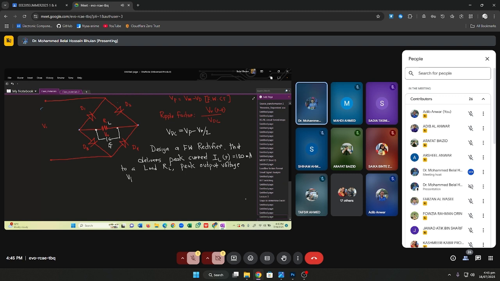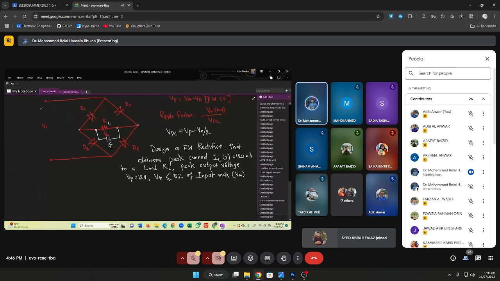The peak output voltage VP equals 12 volt. And the ripple voltage VR should be less than or equal to 5% of the input maximum, which is our Vm.